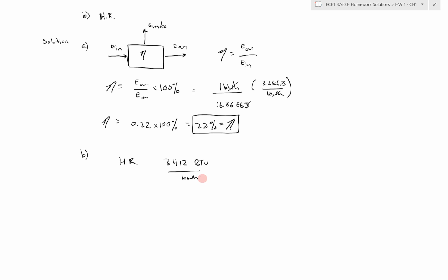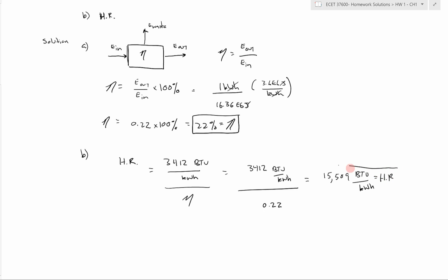So then what we do is we just divide that by the efficiency. So we put eta in the denominator of that fraction, so we get 3,412 BTU per kWh. But our system's not actually 100% efficient, it's only 22% efficient, so we're going to divide by 0.22, and that means we get 15,509 BTU per kWh as our heat rate.